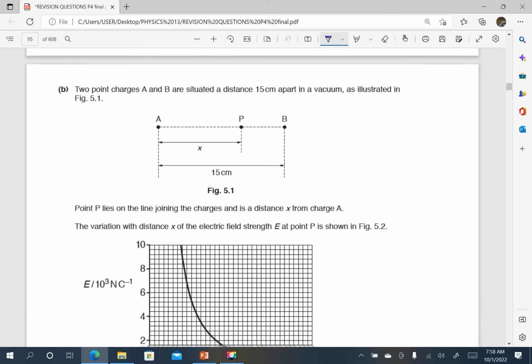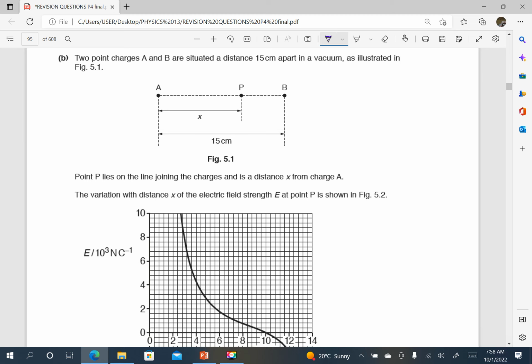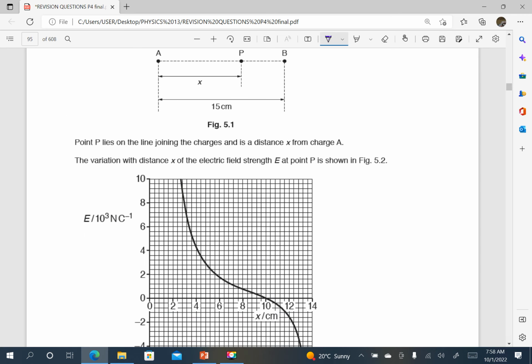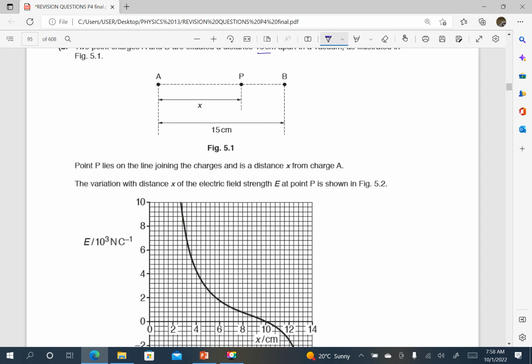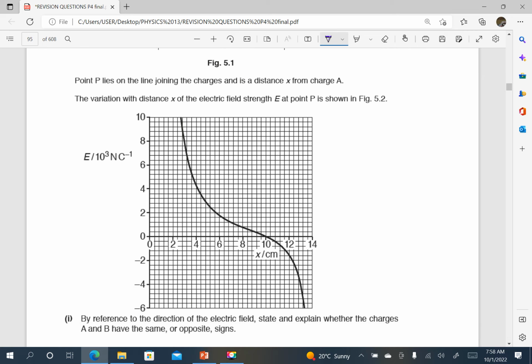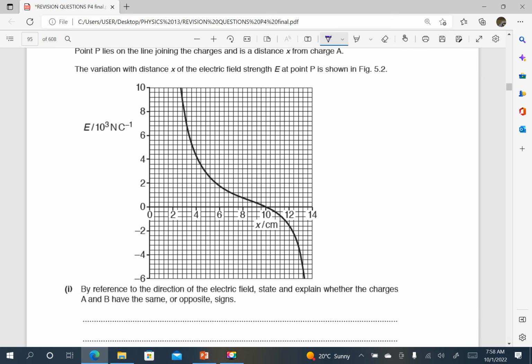Okay, next. Two point charges A and B are situated a distance of 15 centimeters apart, as shown here. Point P lies on the line joining the charges and is a distance x from charge A. The variation with distance x of the electric field strength E at point P is shown here.